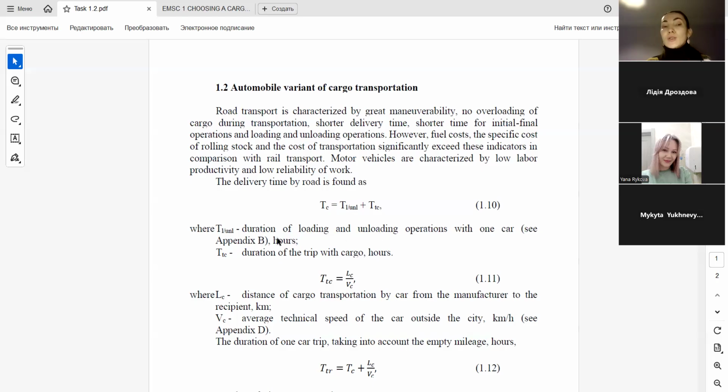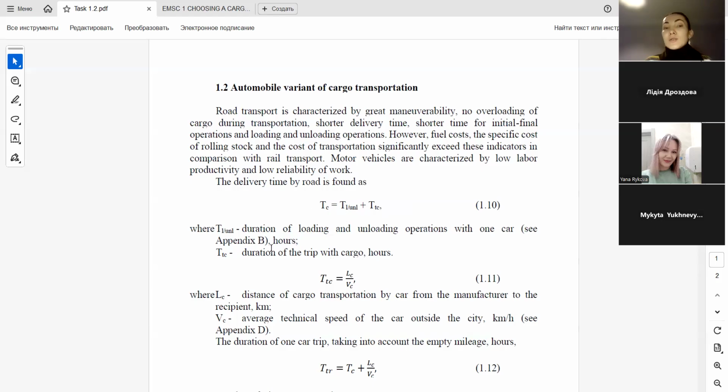We got this information also in the appendix, and we could calculate it with previous formulas. Okay, let us do it. Our big T with index C, it is delivery time by road, or delivery time by car, is equal to.